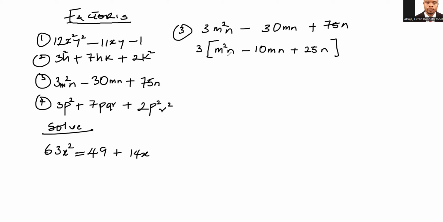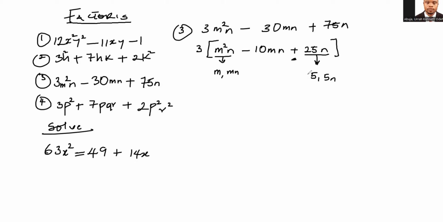So working with this now, the factors here are just m and mn. The factors here are basically 5 and 5n.